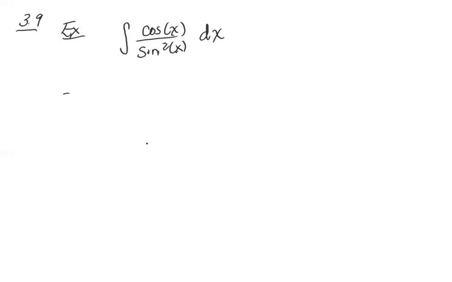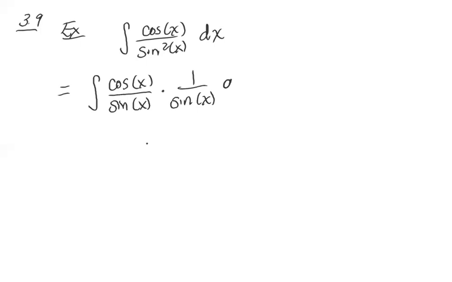So let's see, I could rewrite this possibly as the antiderivative of maybe cosine of x over one of those sine of x's times 1 over sine of x, because I have two sine of x's multiplied together in the denominator. And why does that help me?